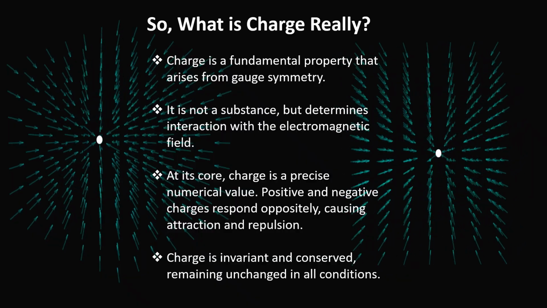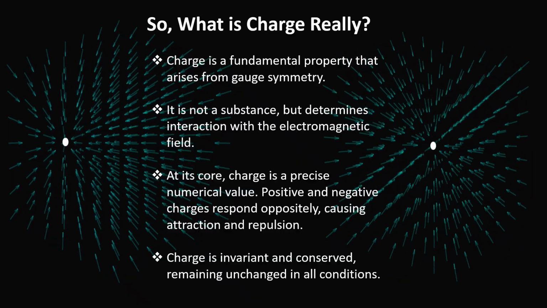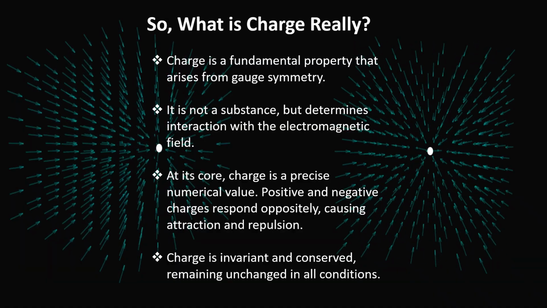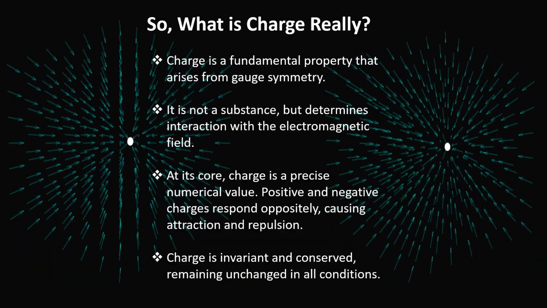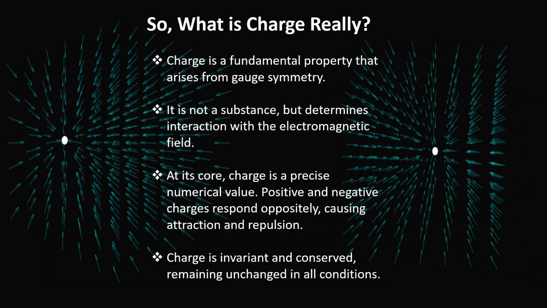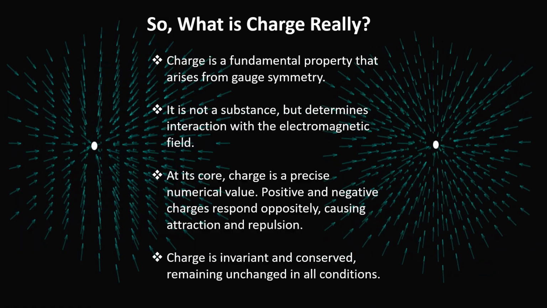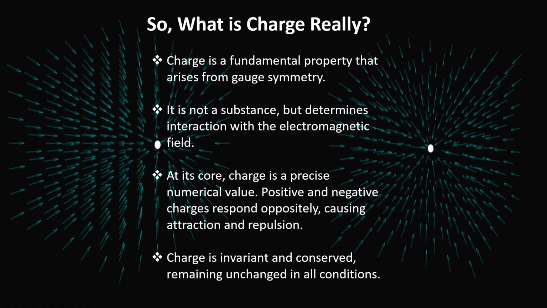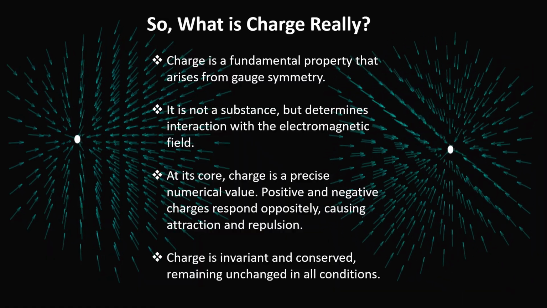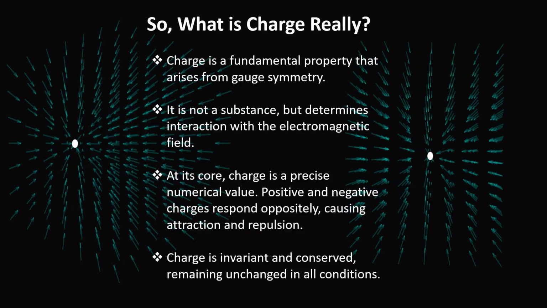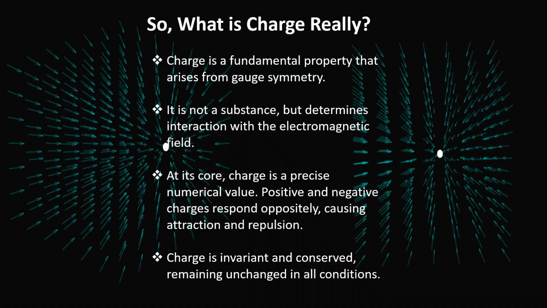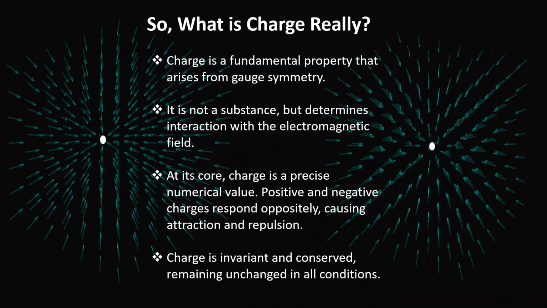To conclude, we have moved from early intuitive ideas of charge as a flowing substance to a modern understanding rooted in quantum theory and symmetry. We have seen that charge is not a material entity but a fundamental property, one that governs interaction, emerges from symmetry, and remains conserved across all physical processes. But at the deepest level, these ideas are not truly understood through words alone.